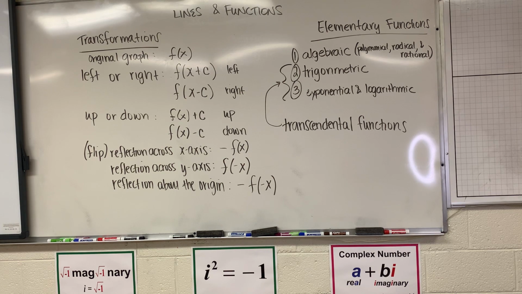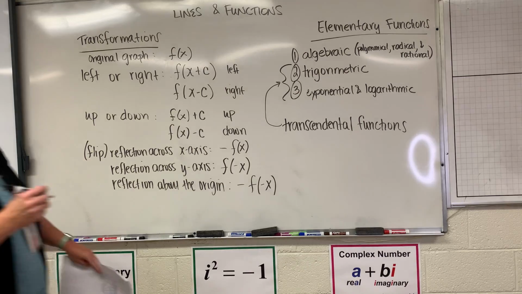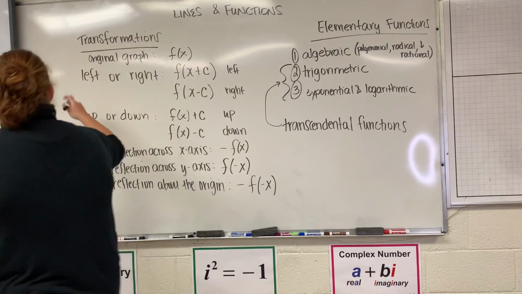I think I got all my stuff. There's implicit and explicit, but that's not a big deal. Composition. Oh, one more. Even and odd graphs. I'm going to put that over with the transformation.